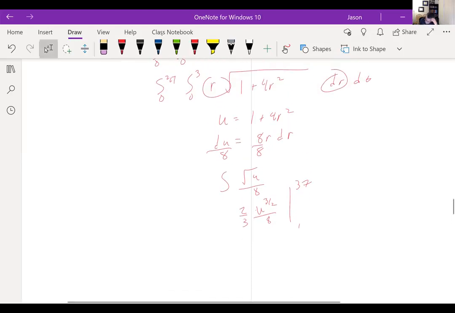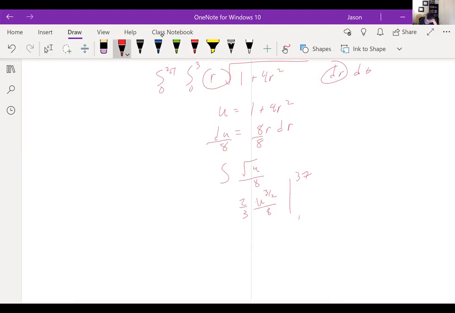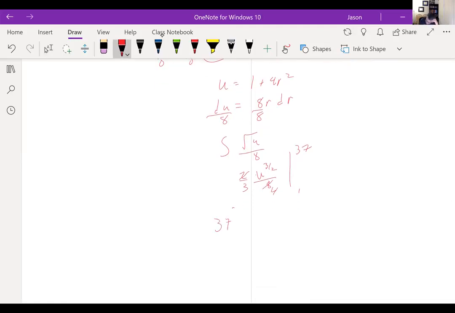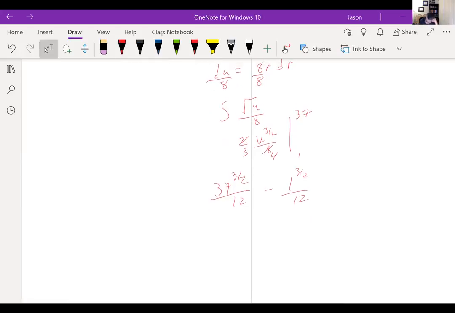So what's this going to be? It becomes 4, so we get 37 to the 3/2 over 12 minus 1 to the 3/2 over 12. I could factor out the 1/12, and I get 37 radical 37 minus 1 radical 1, which is just 1.